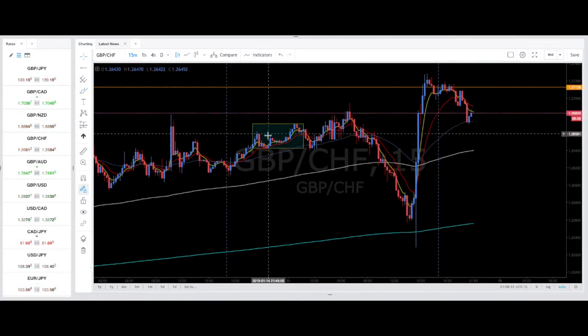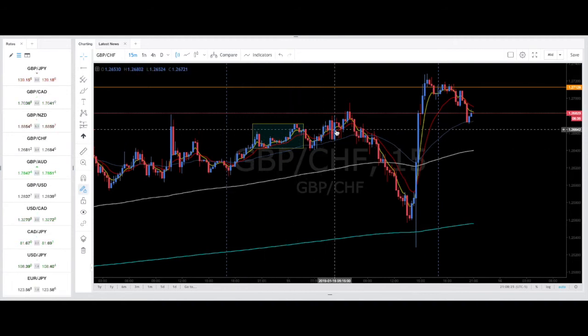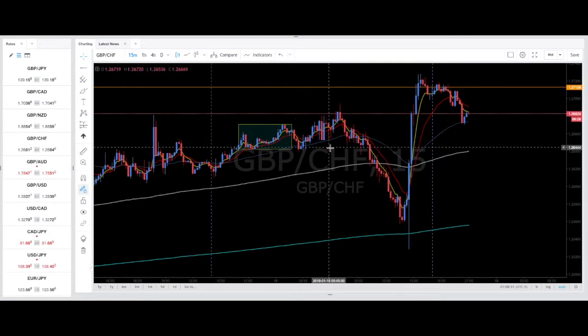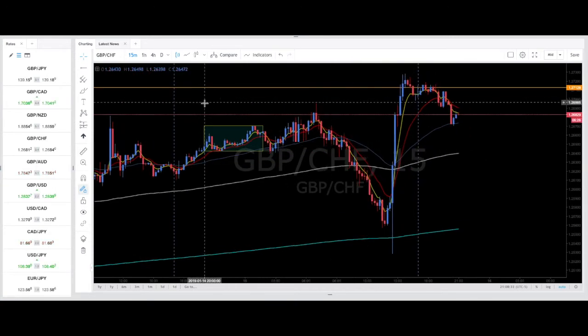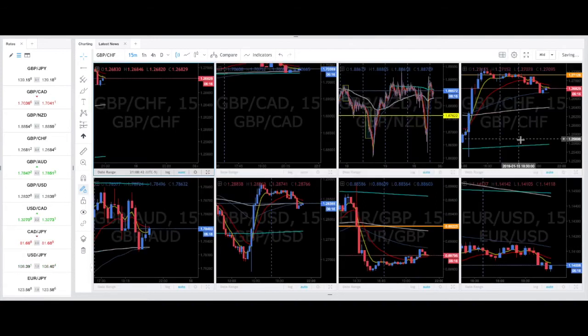You just wait, especially if the other pound pairs are already moving, you have to be aware of that as well. A thing that I like about using, let's say TradingView, is that you can do multiple screens, multiple sessions. So you can go here and click and you can watch multiple windows at once like this.